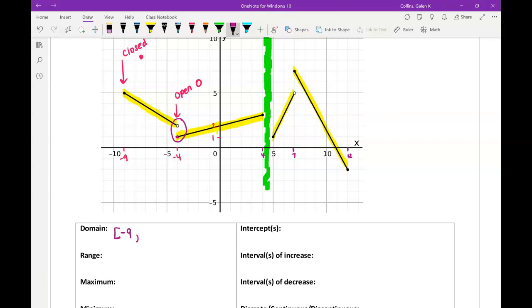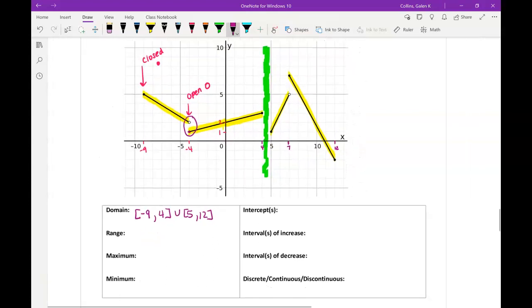So all the way from -9 to 4, my function exists. But it does not exist from 4 to 5. So I want to do the next part of my domain beginning at the number 5, and then my function exists all the way to 12. But there was a break in my domain from 4 to 5. So that union symbol, the thing that looks like a U but it's not a U, just tells me that these two intervals represent my domain.